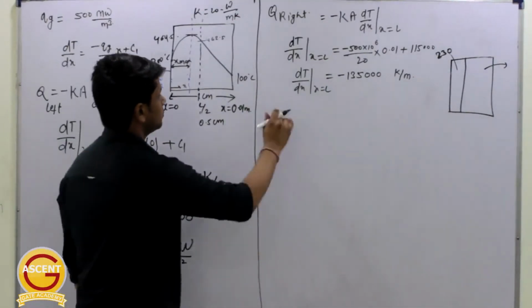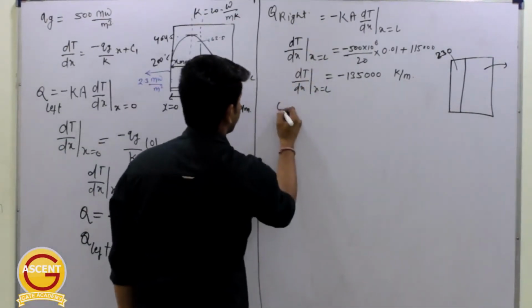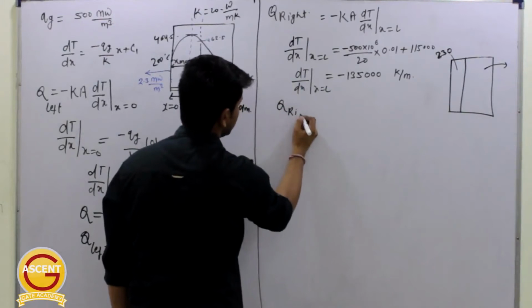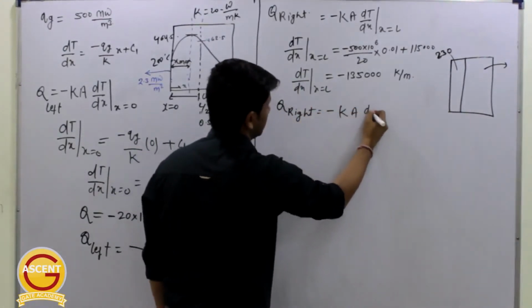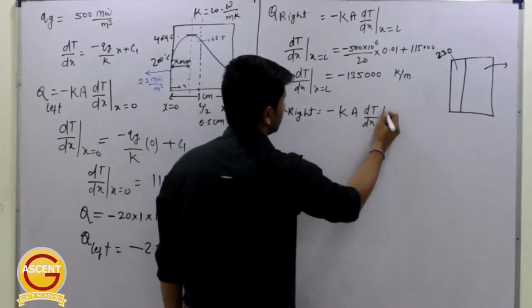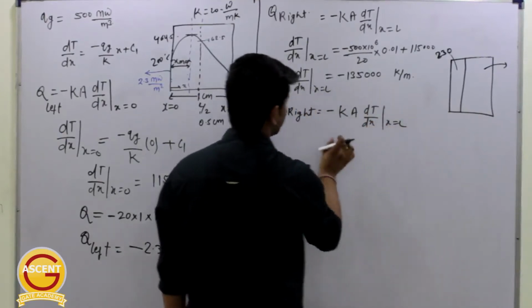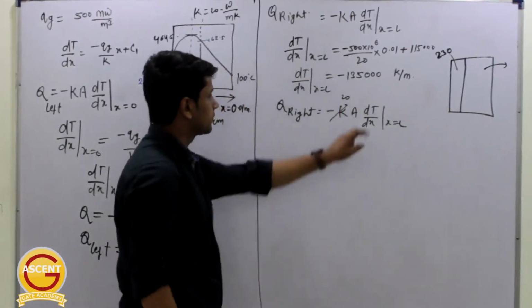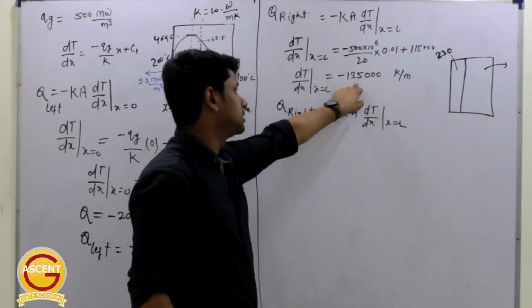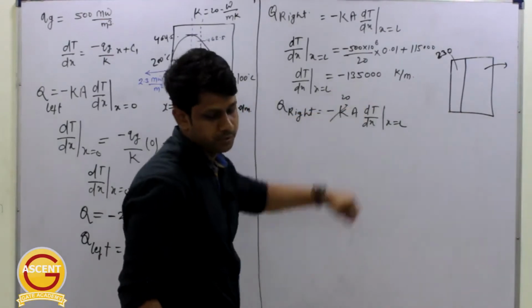So this will be dt by dx at x equal to L. So these things you can do. Now you can calculate the heat transfer through the right phase. It will be equal to minus Ka dt by dx at x equal to L. So just put the values. It is 20. In place of area you take 1, and in place of dt by dx put this value, minus 135,000.